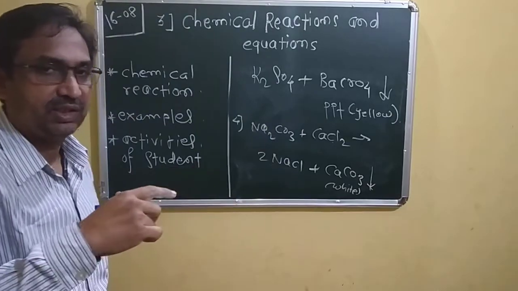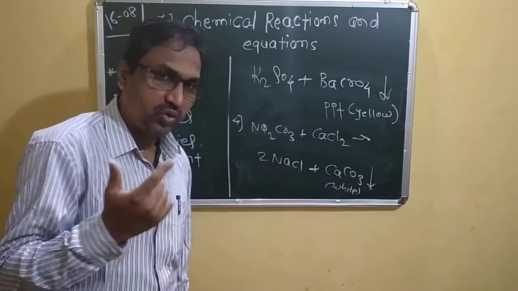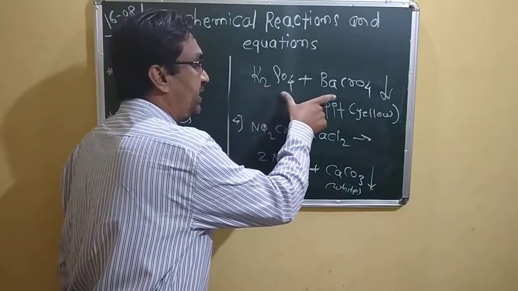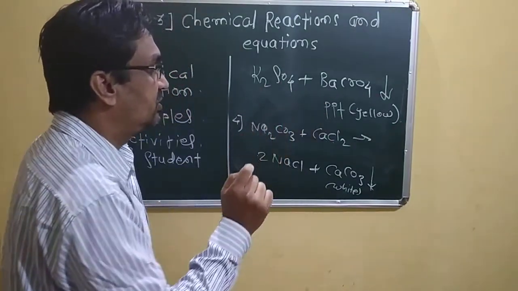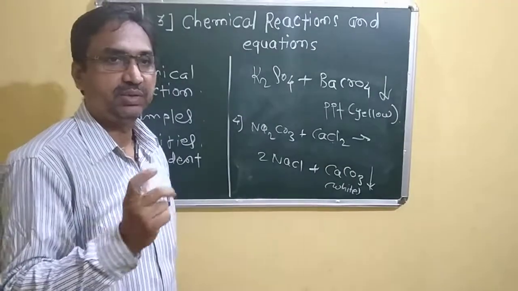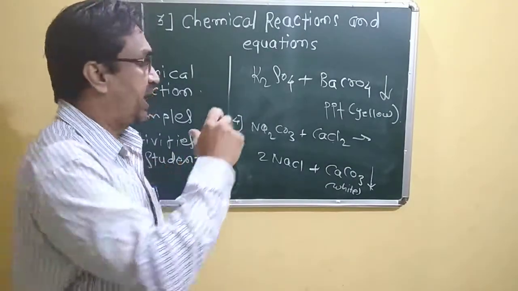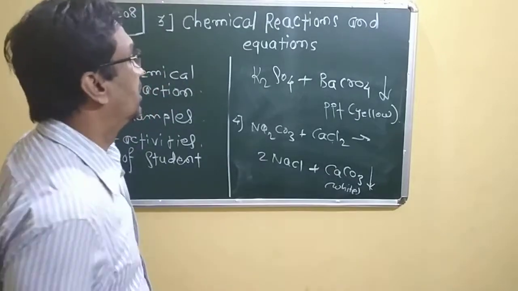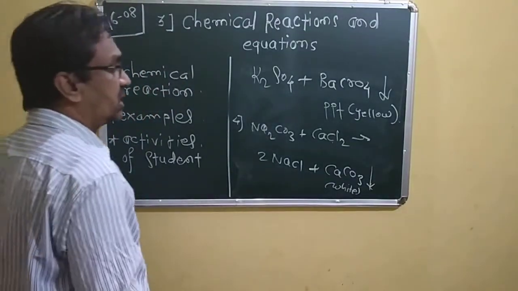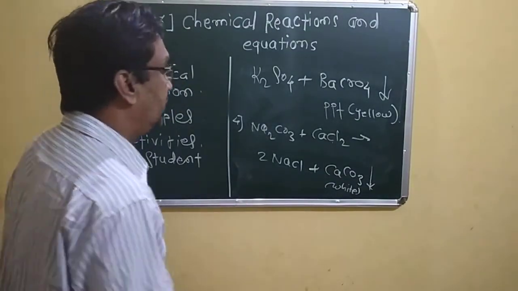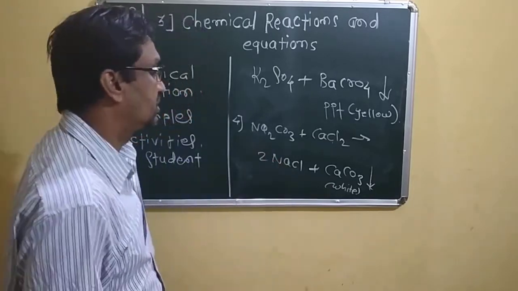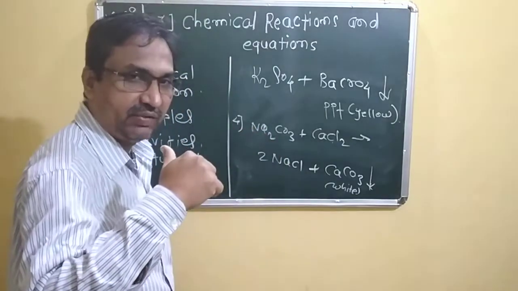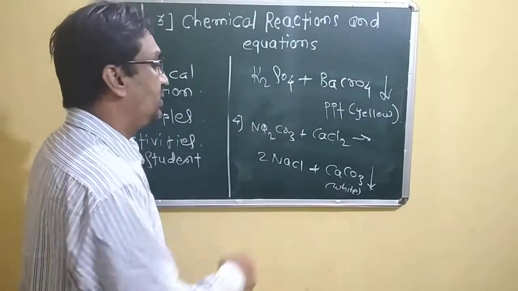Once again, I told you that I just write down for your convenience how the reaction is taking place. Actually, we will study those things afterward in the next lecture. For your curiosity, I have written those chemical reactions.